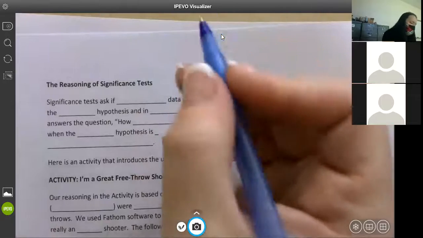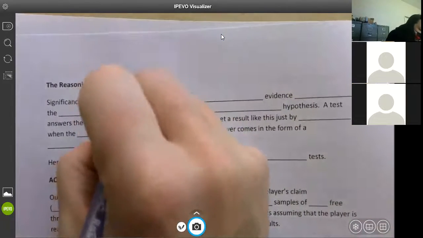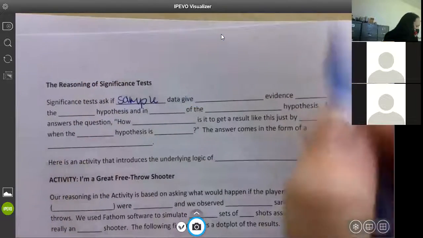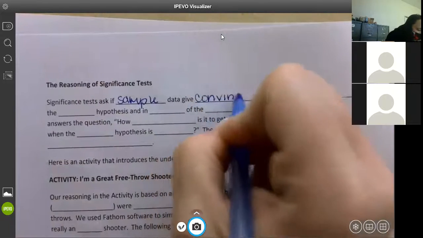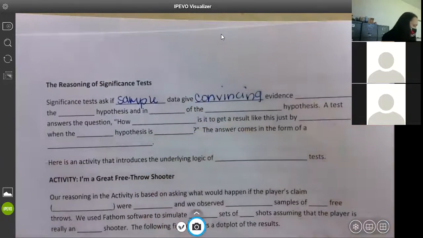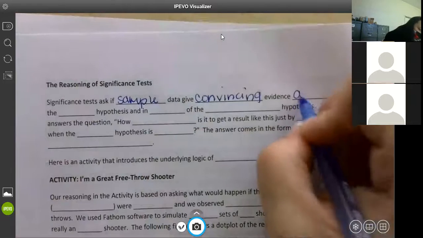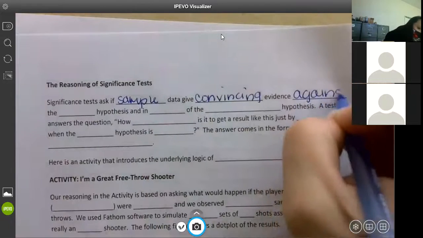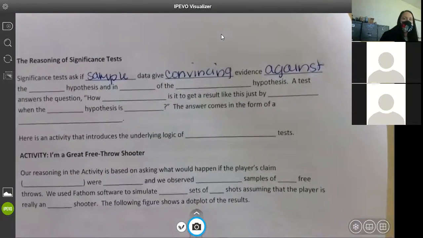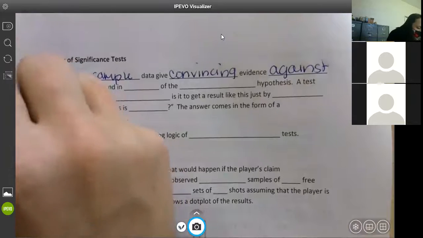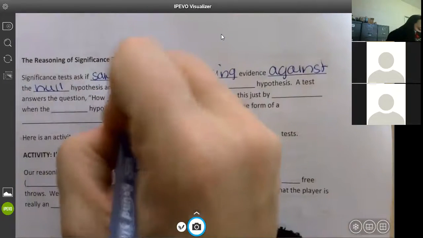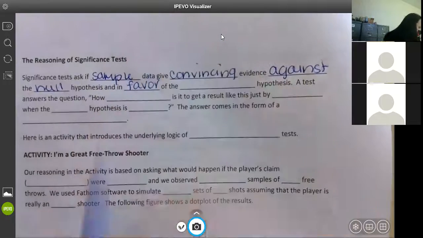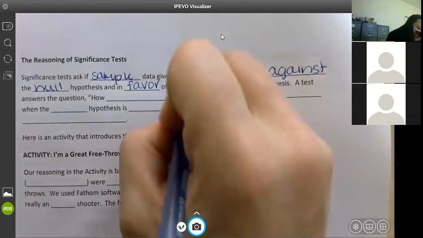Ask if sample data give convincing evidence against the null hypothesis, and in favor of the alternative.